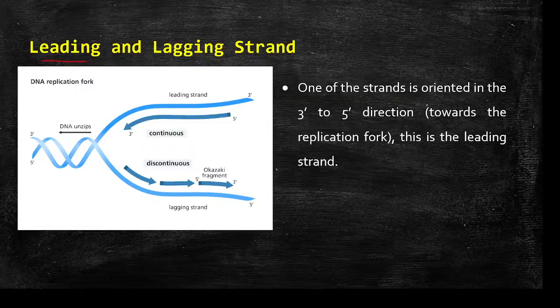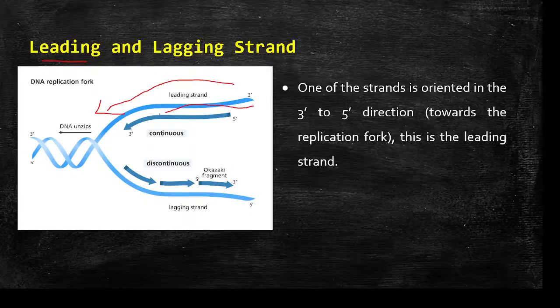One of the strands is oriented in the 3' to 5' direction, towards the replication fork. So if the strand is moving from the outside end towards the replication fork, and its orientation is 3' to 5', then it is called a leading strand.